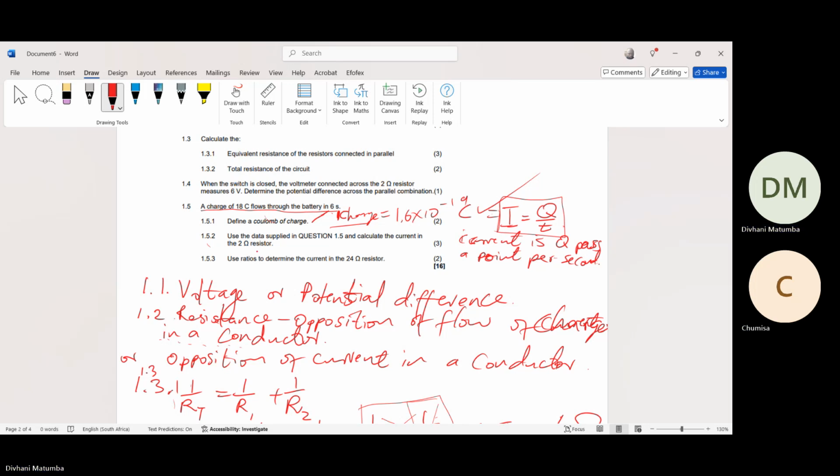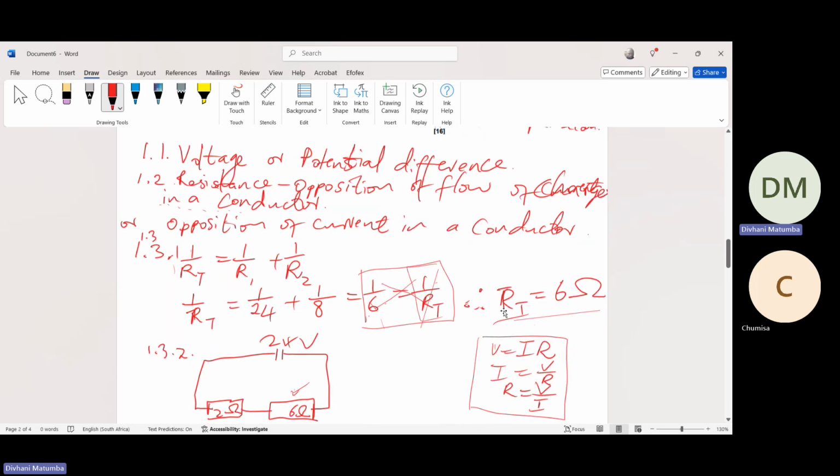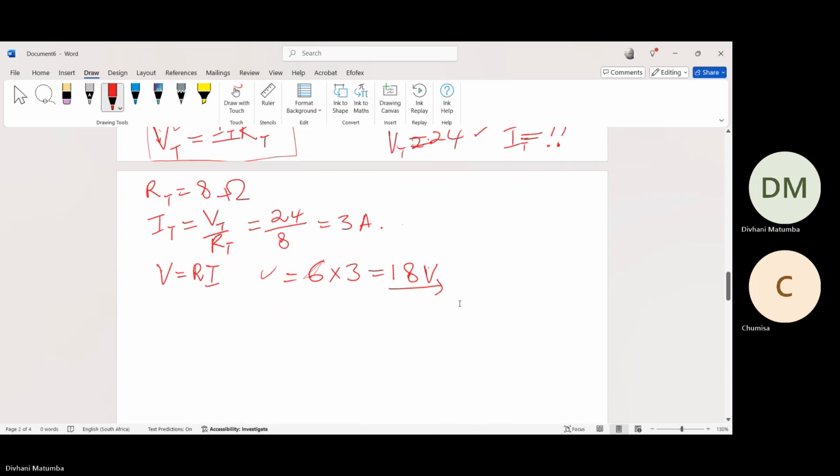Now they say calculate the current in the 2 ohm resistor. How do we go about it?